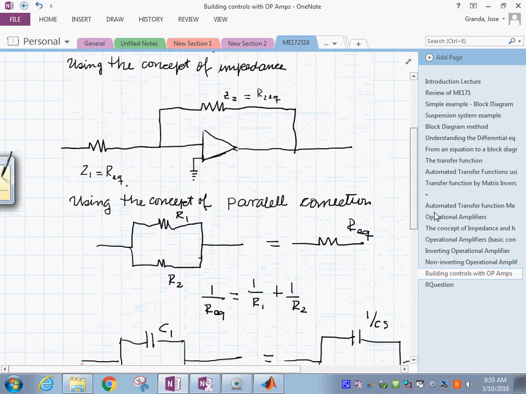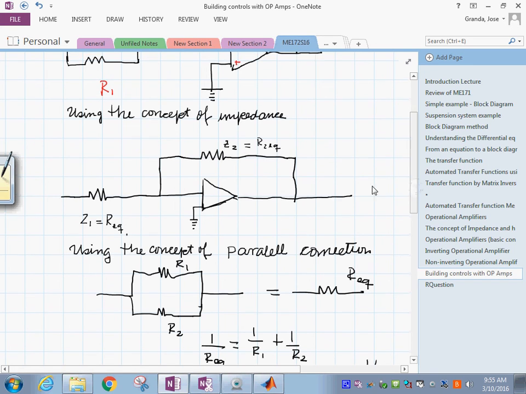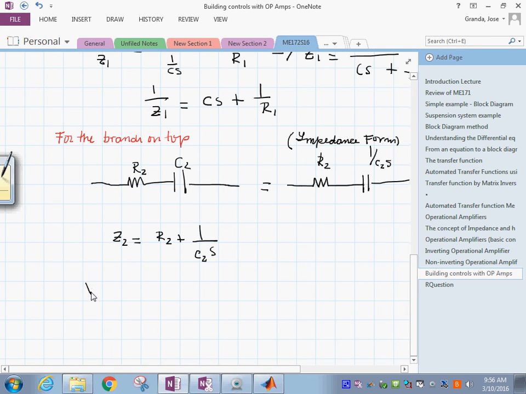So basically the relationship between V out over V in was minus Z2 over Z1, using the derivation of what we call an inverting operational amplifier.